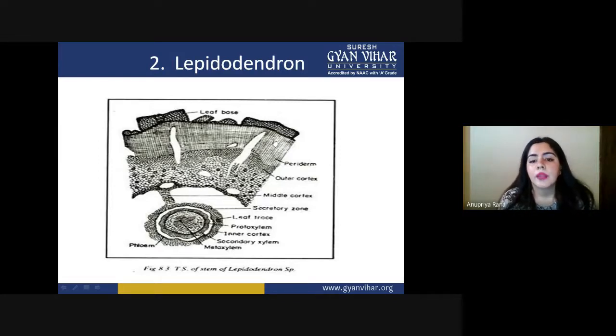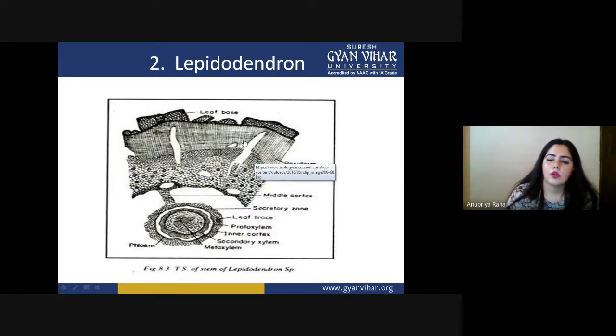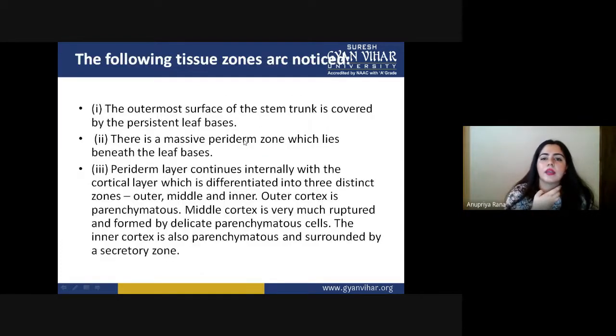That's why it has persistent leaf bases on its outer surface, and its epidermis is lost because of the periderm formation on top of the outer cortex. That's why there was no epidermis to see, because of the persistent leaf bases and the massive periderm zone which lies beneath the leaf bases. So just under the leaf bases there was a massive periderm.